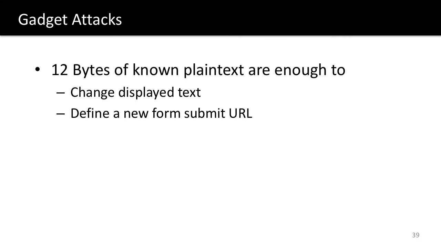And those 12 bytes of known plaintext, they're enough to not only change the text to be displayed, but also to perform exfiltration attacks using those 3 sub-attacks: forms, hyperlinks, and JavaScript by, for example, defining the URL of a new form to submit it to a URL, at least if you register a very short domain or if you want to guess additional plaintext characters.